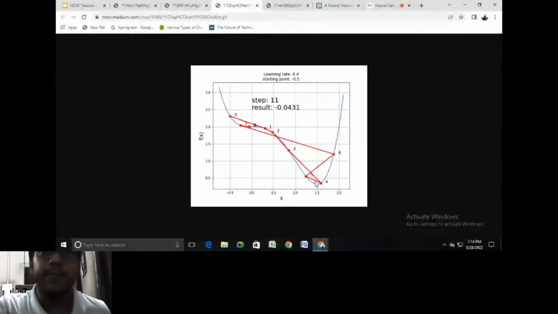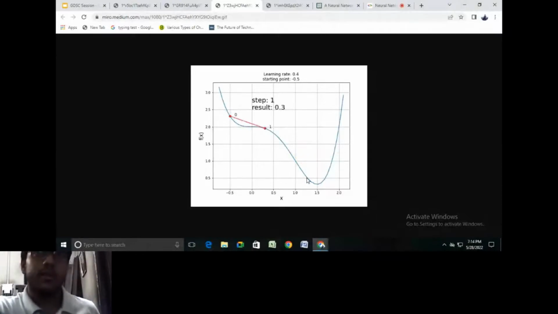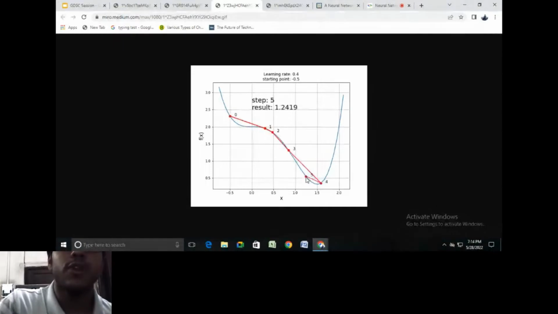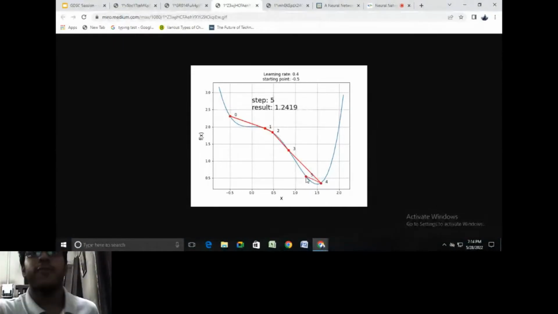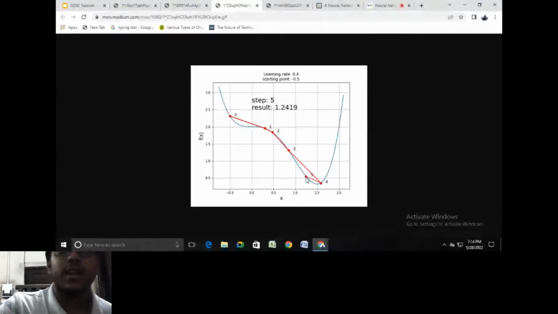So from 4 to 5, this step is small. But in step 5, the magnitude of the gradient is larger. So from 5 to 6, the step is larger.